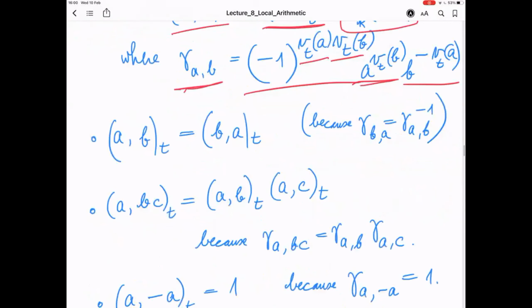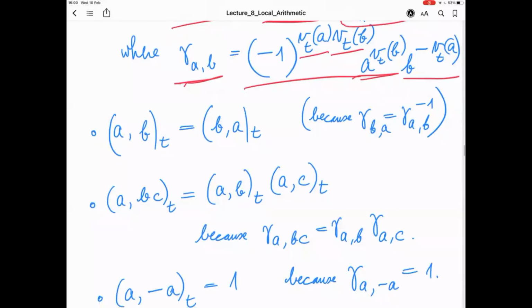Just as in the case of Q_p, we gave the explicit definition. It was not motivated. Where does it come from? But then we saw that it's exactly what tells you when the equation ax squared plus by squared equals 1 has a solution in x and y. So we are going to see the same here.